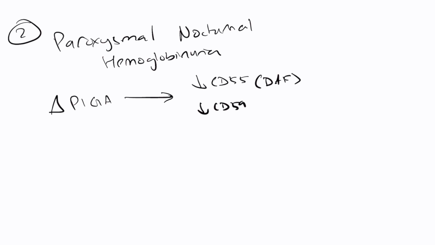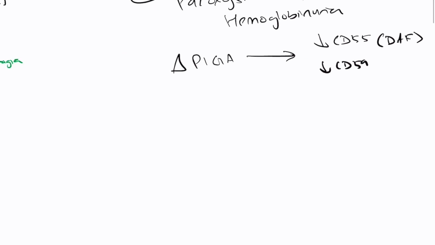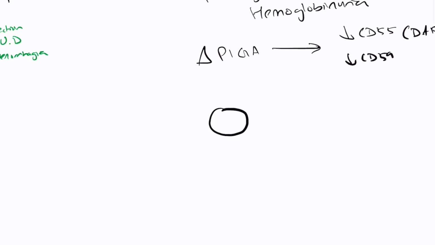CD59 prevents the terminal polymerization of the membrane attack complex. So it stops polymerization of C9 within the complement system, which prevents the membrane attack complex from forming. If you remember the pathway, you have a red blood cell with CD55 and CD59.